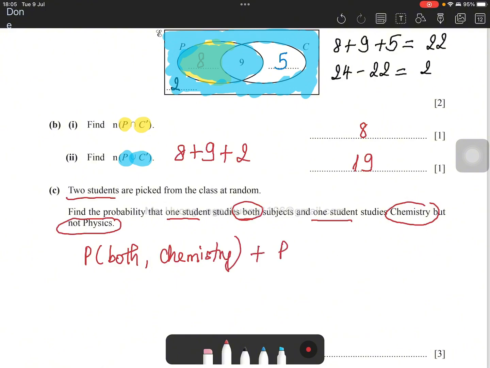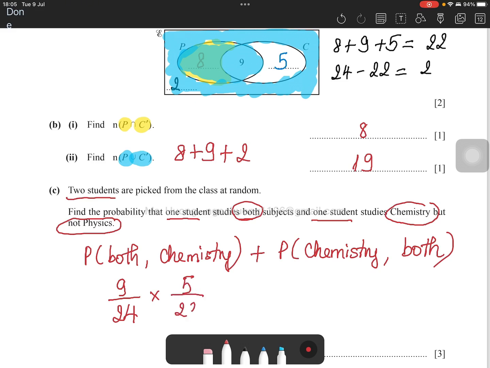Or maybe the first student studies chemistry, but not physics, and then the second student studies both. So for the first case, the student studies both, which means the probability is 9 out of 24. And this student only studies chemistry, which means 5 out of 23. After we pick 1 student, the total number is only 23 now.